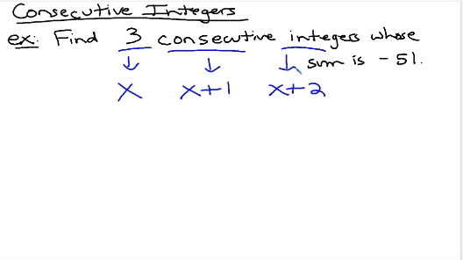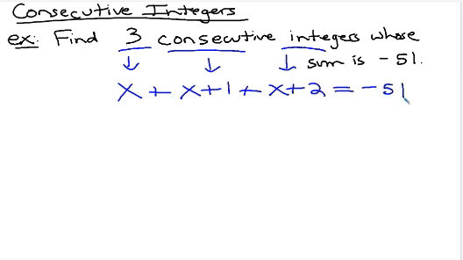Now look what the sentence says. Find 3 consecutive integers whose sum, doesn't that mean add? Whose sum is, in the algebra world, that's equals -51.